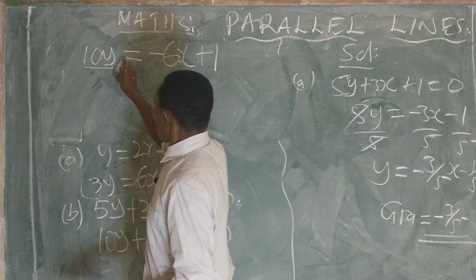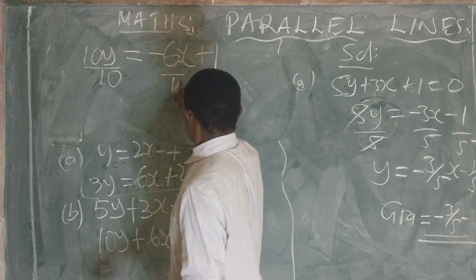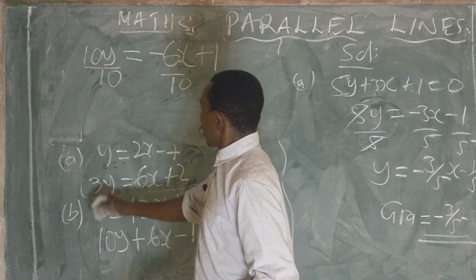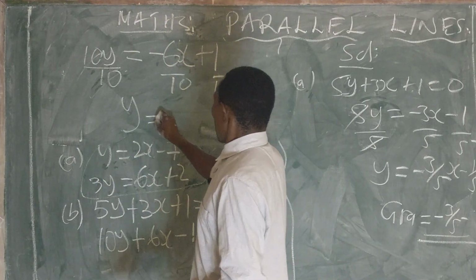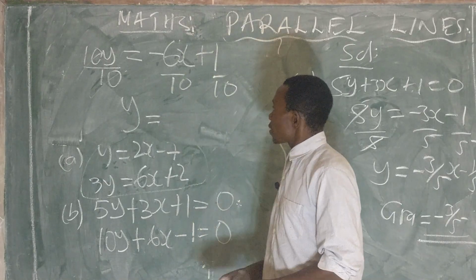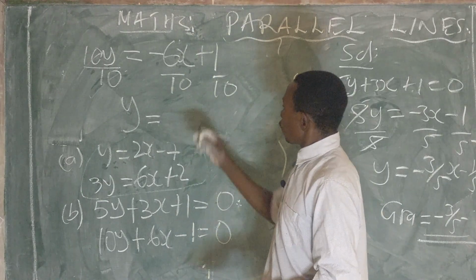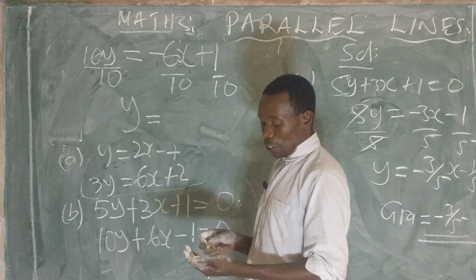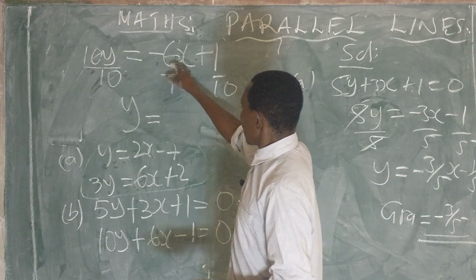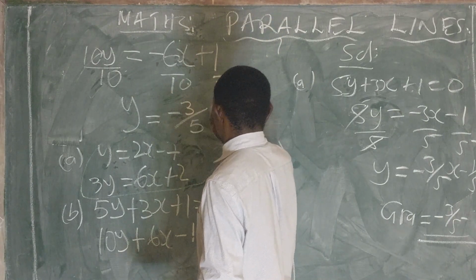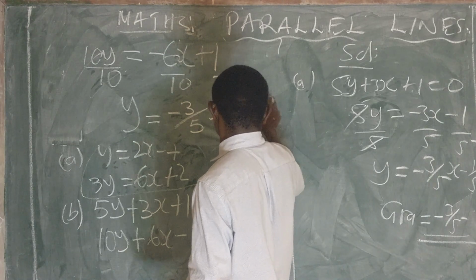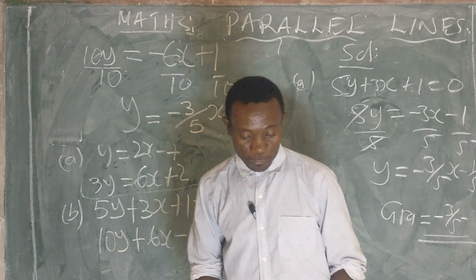Then I divide both sides by 10. So 10 over 10 is 1, and 1 times y gives y. Checking for the common factor of 6 and 10, you find that it's 2. So 2 goes into -6 as -3, and 2 goes into 10 as 5. So y = -3/5 x + 1/10. That's what we have.